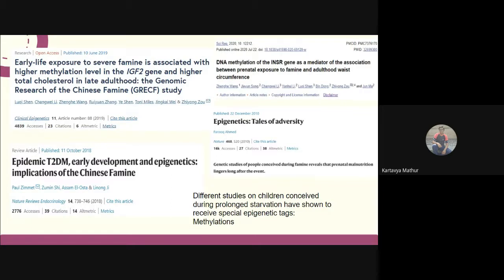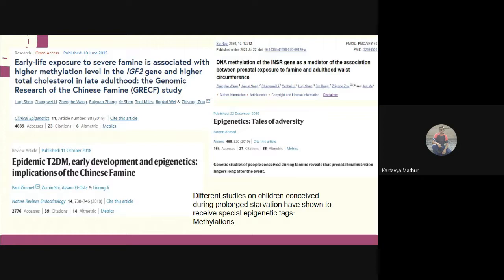Now there have been several studies done on epigenetics in a special case, which is the Chinese famine. Epigenetics in cases of famine has already been studied in previous famines like the Dutch famine, in the Netherlands, which occurred during and after World War II and before World War One.